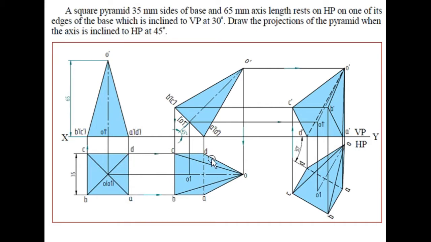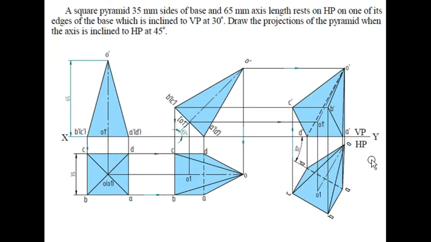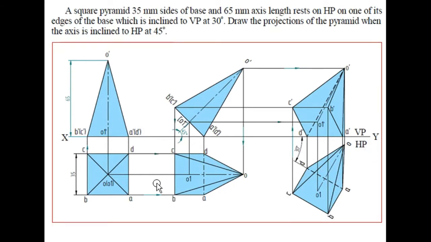So we have to tilt this position at an angle of 30 degree and make sure that AD is at an angle of 30 degree. Right, so AD will be inclined at an angle of 30 degree, and it will be positioned like this. So this view will be positioned in this way.